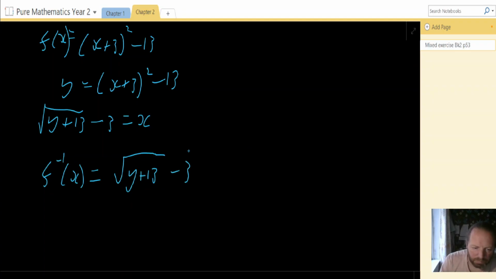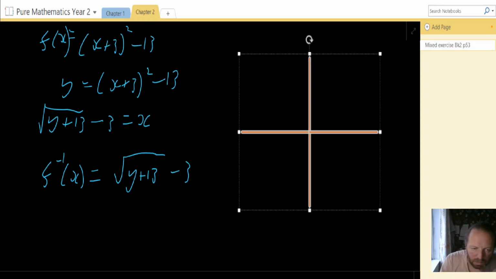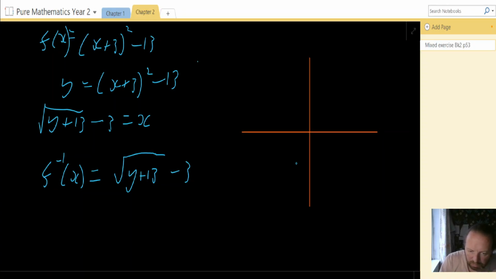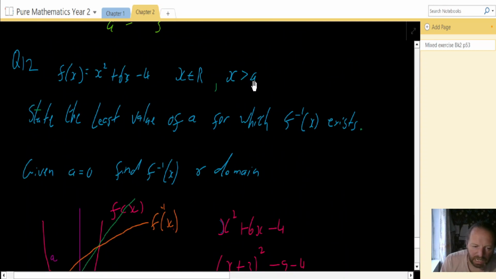Now, when we put that onto the graph, we know it starts from here, and it goes up from here. It's a bit of a bad line. It goes something like here, and you end up with a minus 13 going out this way, because it doesn't exist after that minus 3 point. But we are now being told that x is greater than a, so x has to be greater than 0 for the f of x.